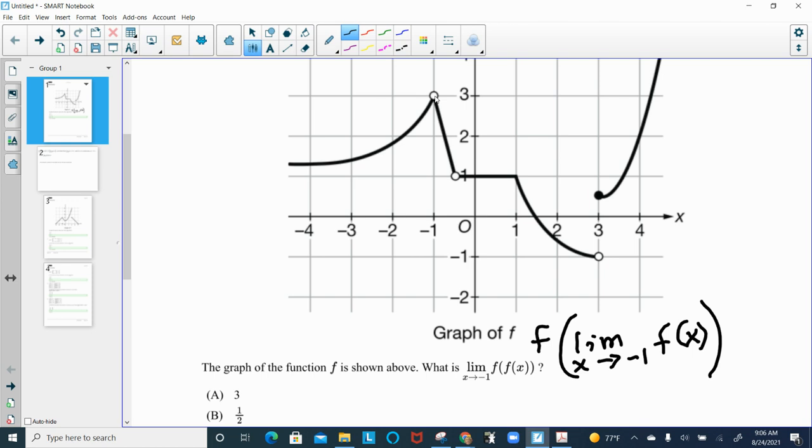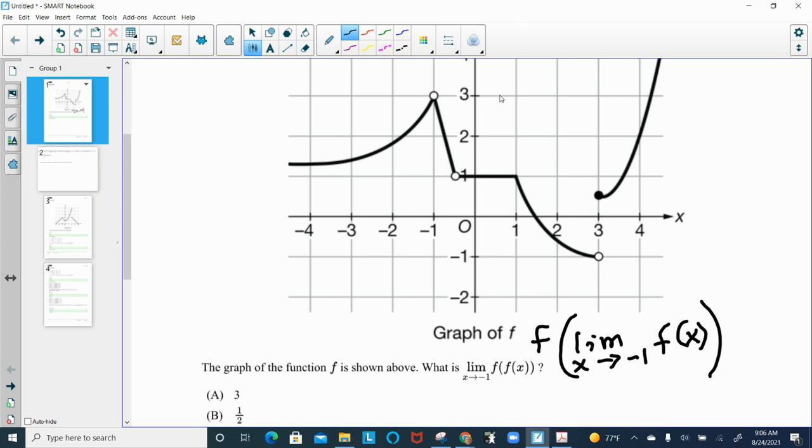That's a problem. But we can look at it from the left and from the right. We can say, okay, coming in from the left, the limit is approaching 3, and coming in from the right, the limit is approaching 3.